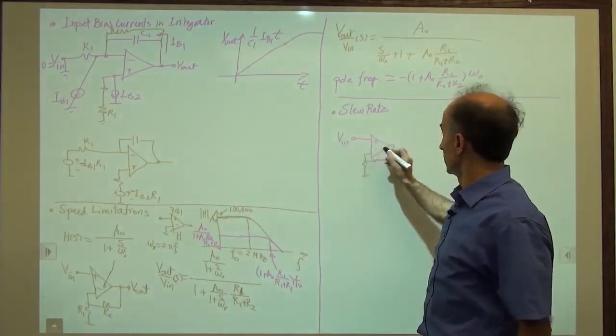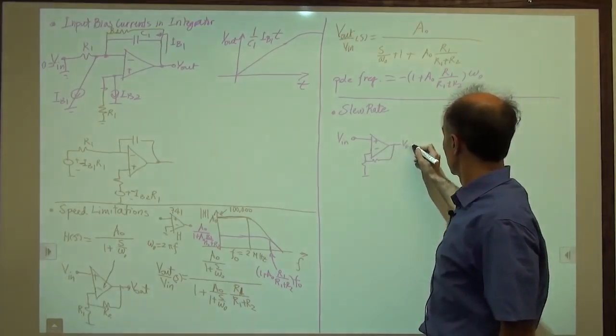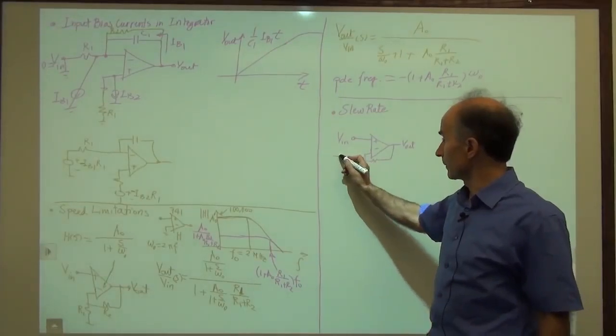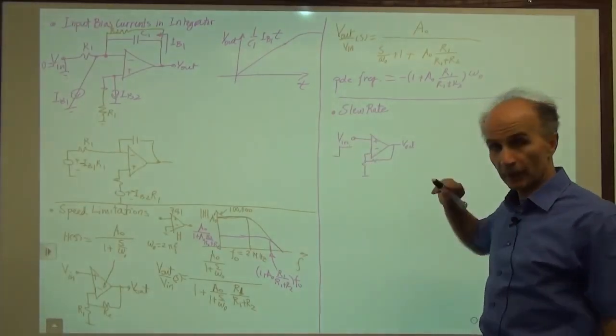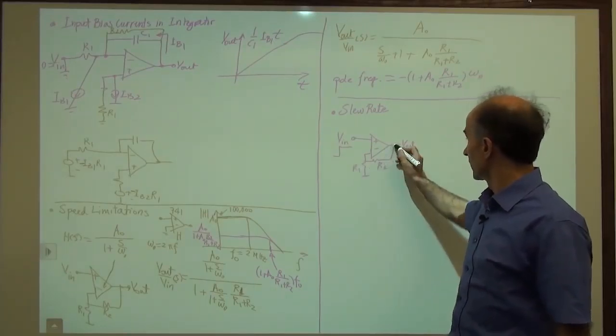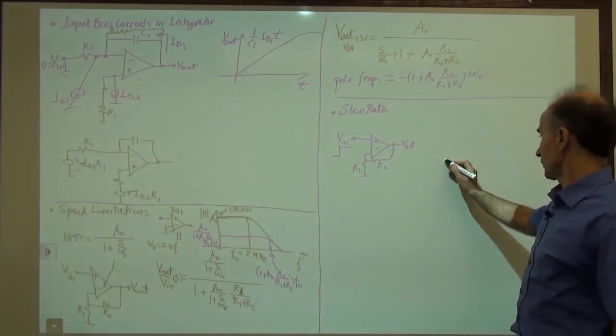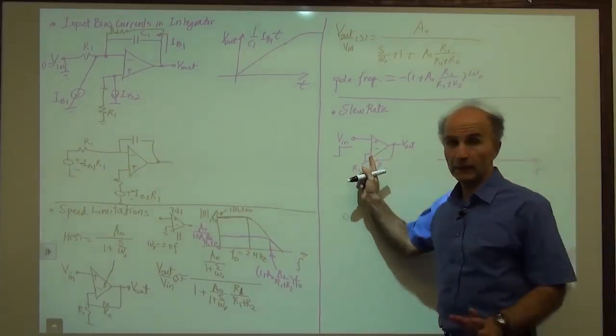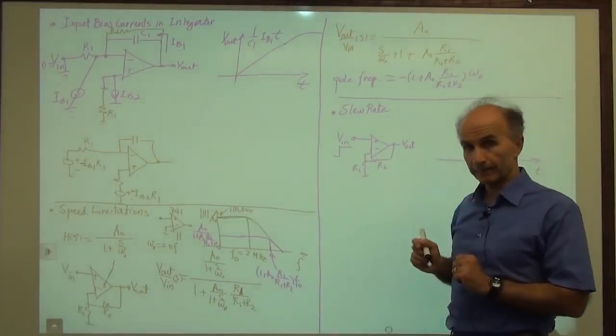V in, V out. And we come along and apply a step here. Very simple, right? You apply a step here, you should see a step here, amplified by some factor. So in the ideal case, this is what we should see. If the op-amp were ideal, you apply a step here, you get a step here.